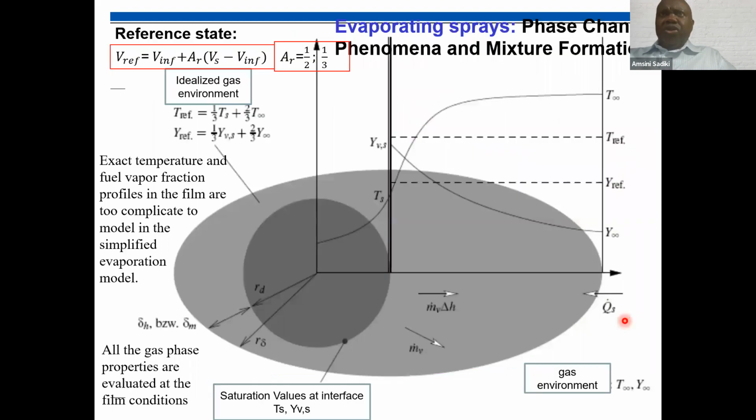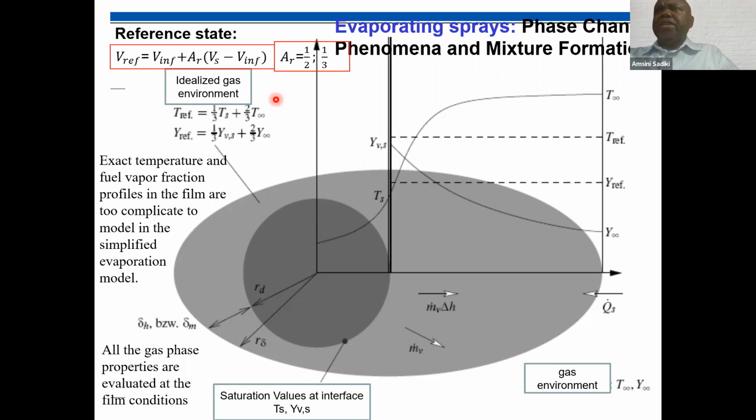So the question was how we determine the properties, the temperature and the mixture fraction, that we need for the evaporation rate and for the quantities which appear in the heat equation. We have said that we have to take a reference state.